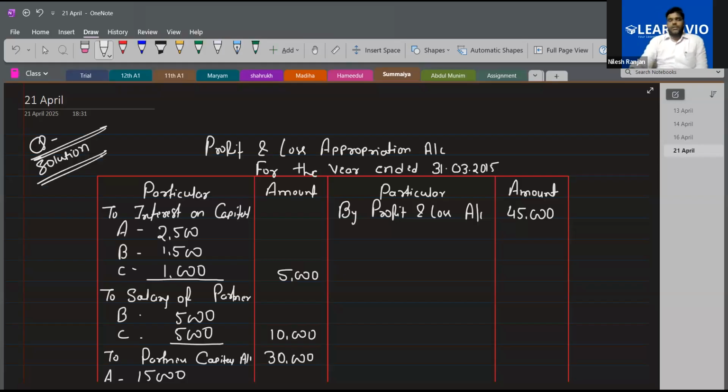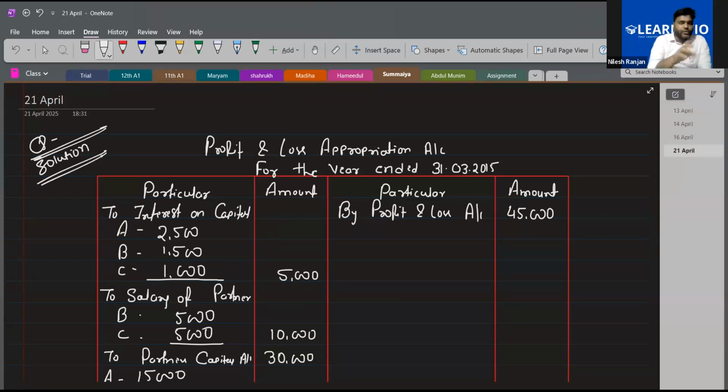I don't remember, but in one question, it was already deducted from the profit, like after deducting salary, this much profit was there. So if the question has said that salary is already deducted from the profit, then you have to add it back.